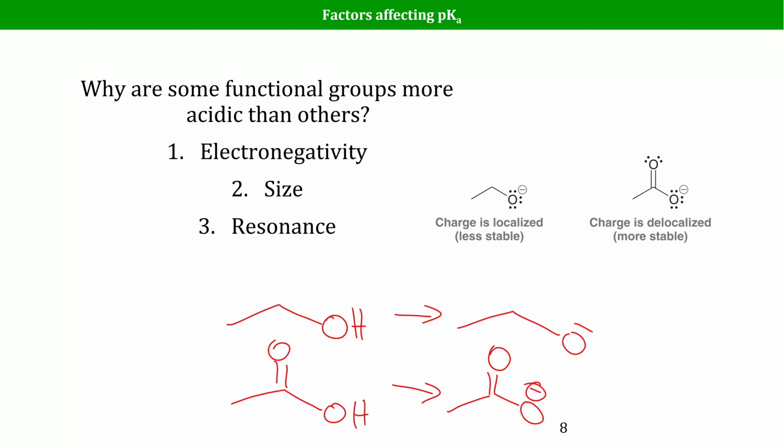But your pKa for ethanol was around 16, versus pKa for acetic acid was around 5. The only difference between these two is that there's a stable resonance structure here, and there's not a stable resonance structure here.